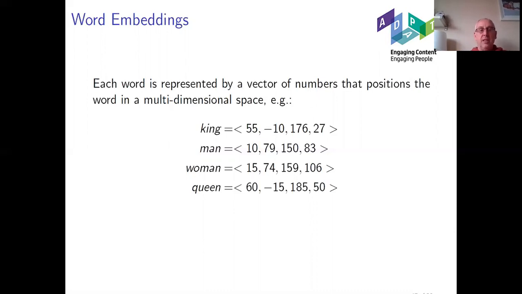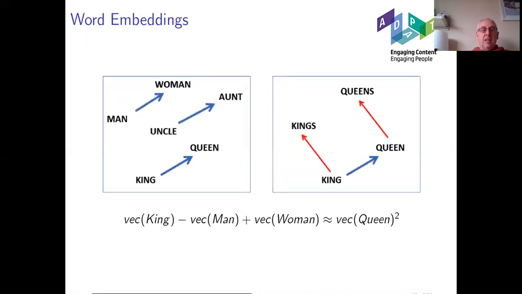Here I only have 4D, but it could be much higher dimensionality than that, up to 100 perhaps. So if you subtract the vector for man from the vector for king and add the vector for woman, you'd have a representation of queen. That's the way in which we're thinking about this.